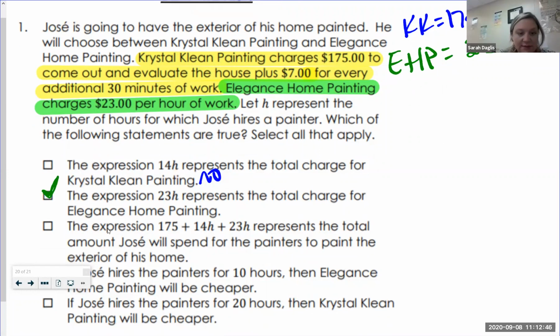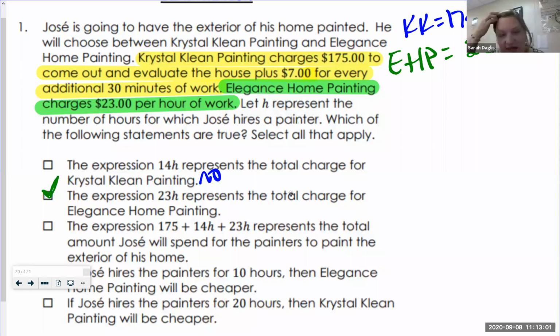The expression 175 plus 14H plus 23H represents the total amount Jose will spend for painters to paint the exterior of his home.